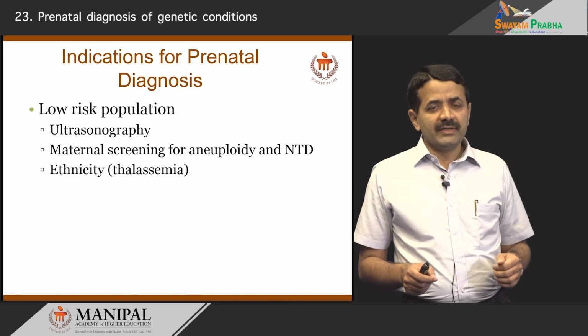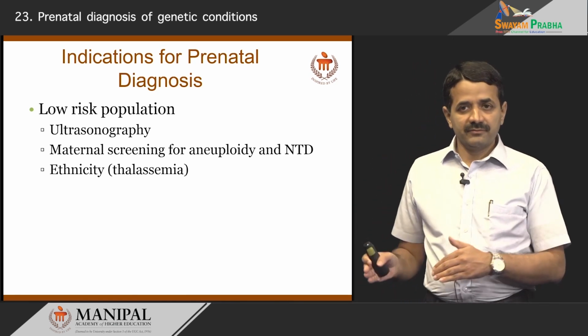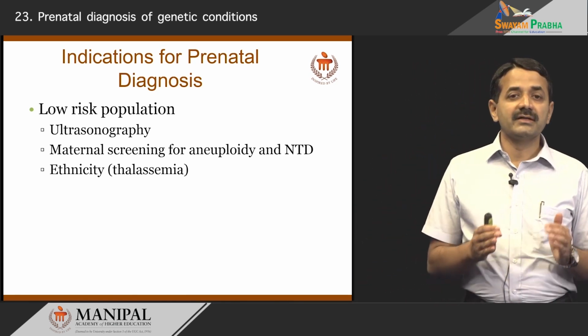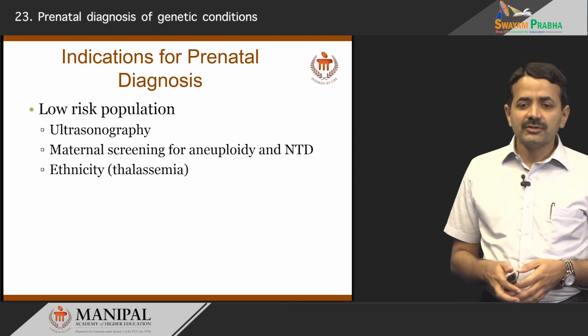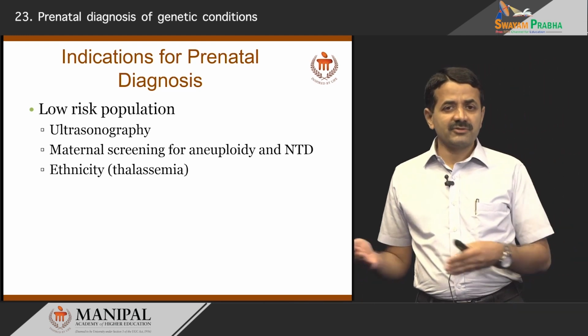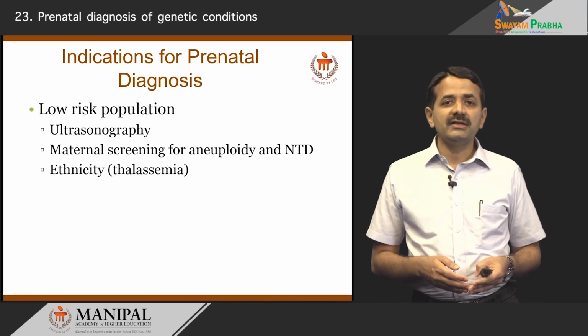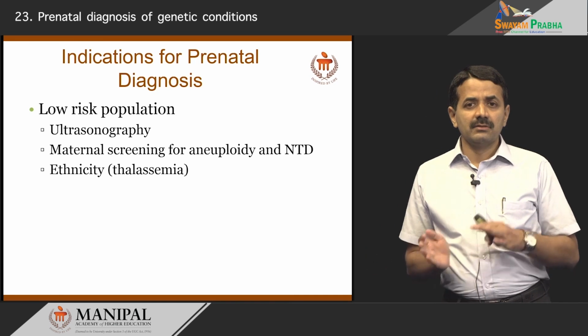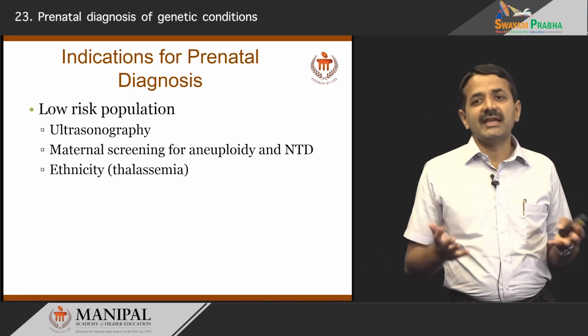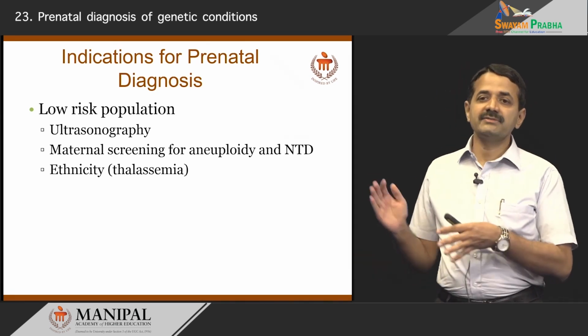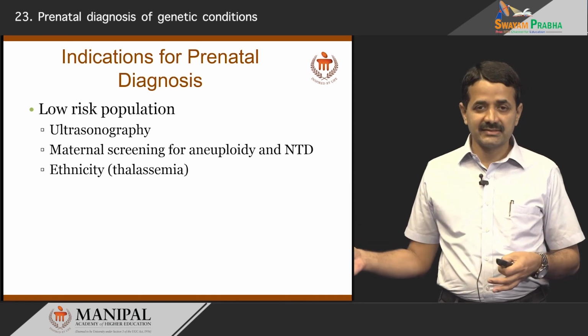When do we do prenatal diagnosis? That is what we are discussing under the heading of indications for prenatal diagnosis. Every mother or prospective mother wants to know whether the baby is going to be healthy or not. So, we need to classify them as low risk population, meaning any pregnant woman, or high risk population, which I will be discussing in my next slide.